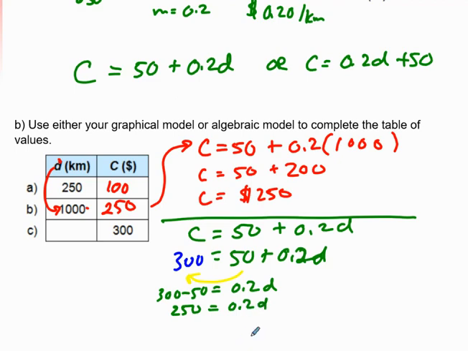Now we're going to divide both sides by 0.2. And what do we have here? 0.2 goes into 250, 1,250 times. Okay, so that's the distance he would travel. And it makes sense. Look, it's growing in length here and cost. So 1,250.